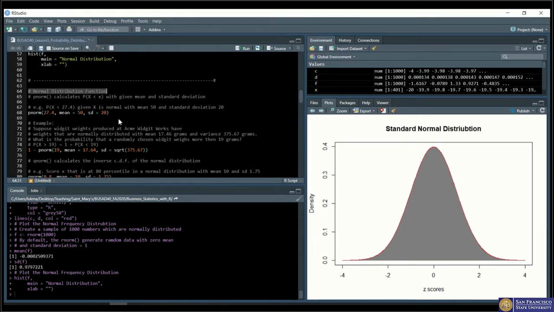So again, well, how do we calculate? Well, the way we do this is very easy because we have a pnorm function here that helps us to figure out the probability. For instance, we are given an example here. We are asking the question, what is the probability of randomly selecting a sample where the sample will have a score of 27.4 or less?